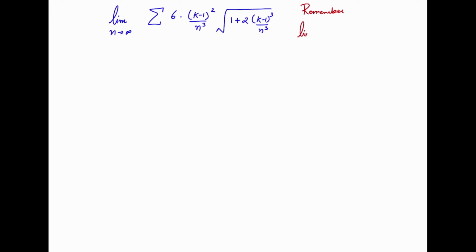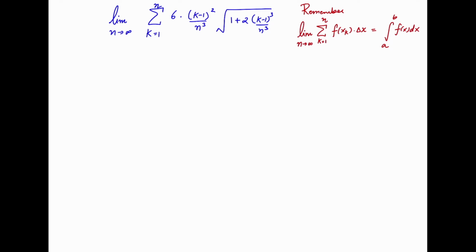So what we have to pay attention to is, remember this. The limit of n goes to infinity of, in this case they're choosing k, so we can choose k no matter whatever happens. The sum from 1 to n of f of x_i, or basically x_k in this case, times delta x is going to be equal to the integral from a to b of f of x dx.